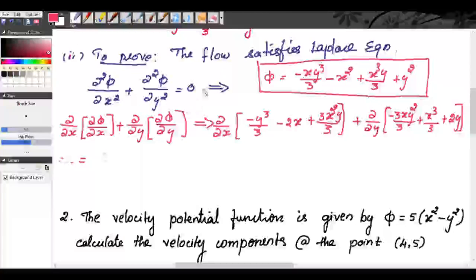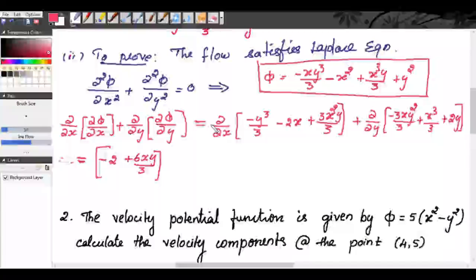So this is equal to, here we don't have x term, here we have x term. So minus 2 plus 6xy/3. Here it is minus 2, we can cancel 3. So we get 2xy.